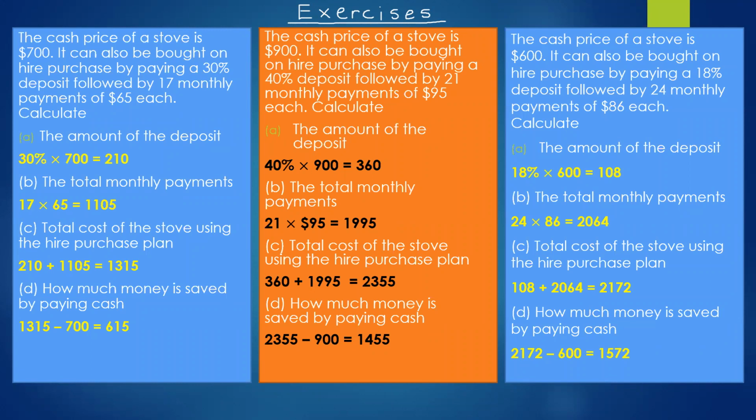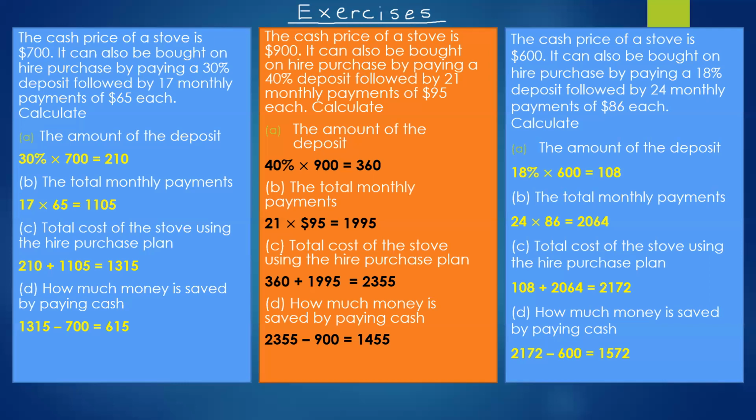A, calculate the amount of deposit. You have to do the deposit percentage by the cash price, which is 18 times 600, which is equal to 108. And then B, the total monthly payments, 24 times 86 equals 2,064.